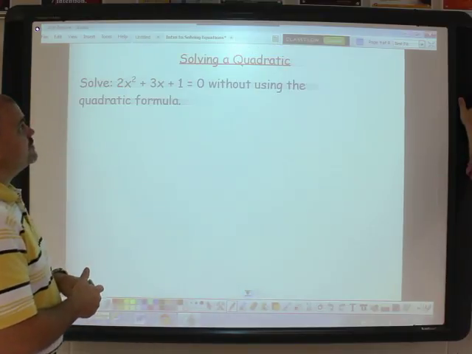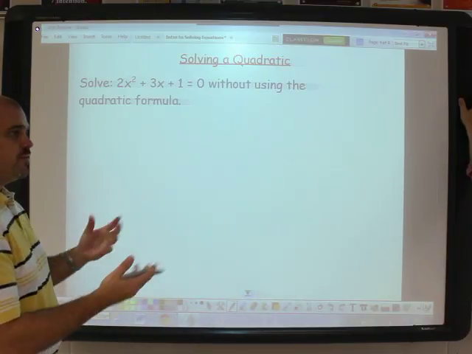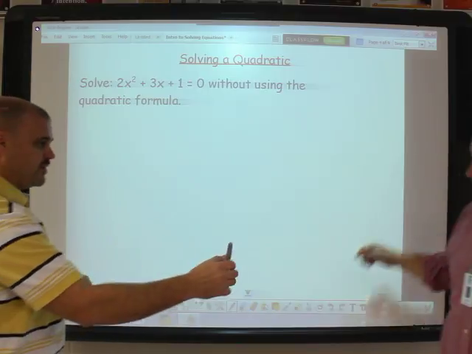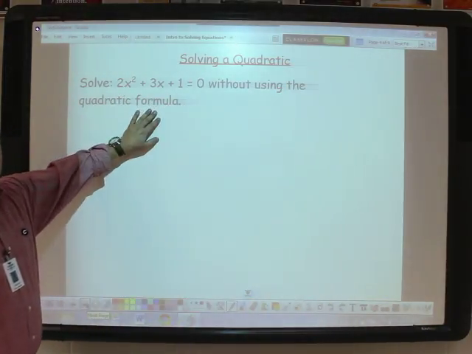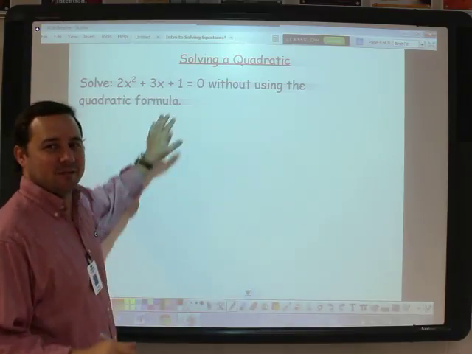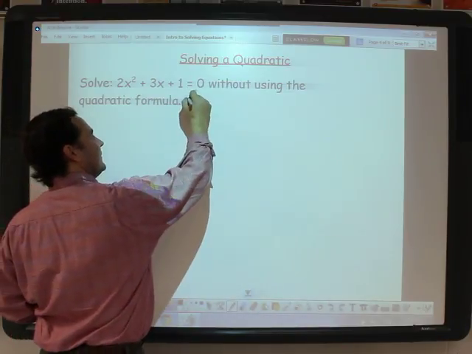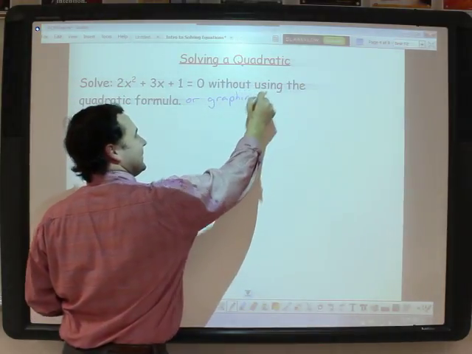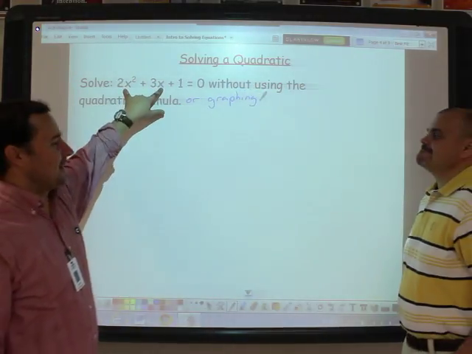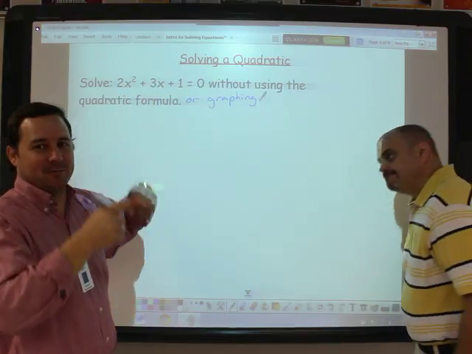So let's move on. We've got to solve this quadratic without using the quadratic formula. Would you like to do that, Mr. Simmons? Sure. All right, to solve it without using the quadratic formula, I'm going to add a stipulation to the directions: or graphing. Because you could graph the left-hand side and the right-hand side on your calculator and see where they intersect.